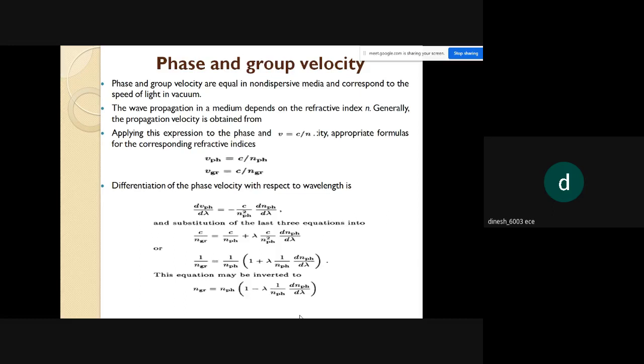So the wave propagation in a medium depends on the refractive index also. So generally this propagation velocity can be obtained from the derivation that we'll see below. So when we apply this, we get V is equal to C by N.